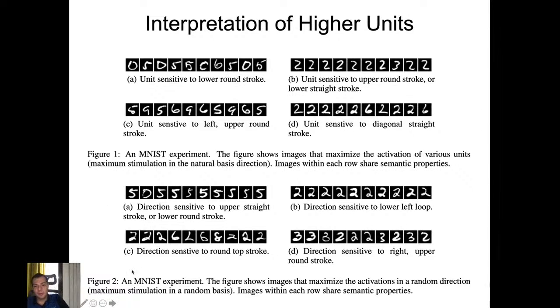So here you will see once again a random basis that activates on the lower round stroke, on the lower left loop, so it's this loop for 2s, top round stroke, upper round stroke, and so on. So yeah, this is upper right round stroke.